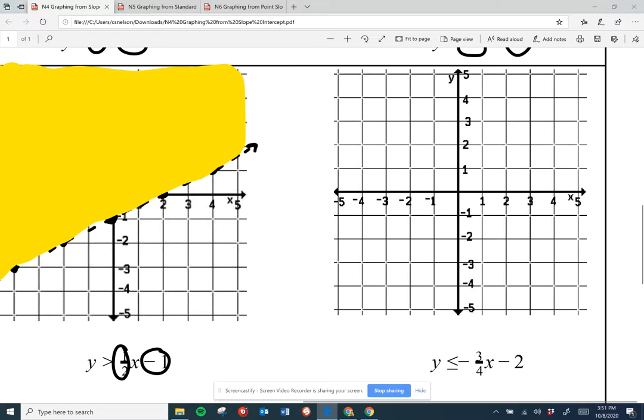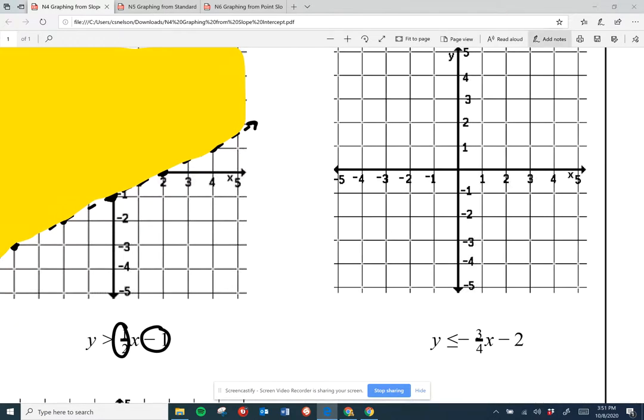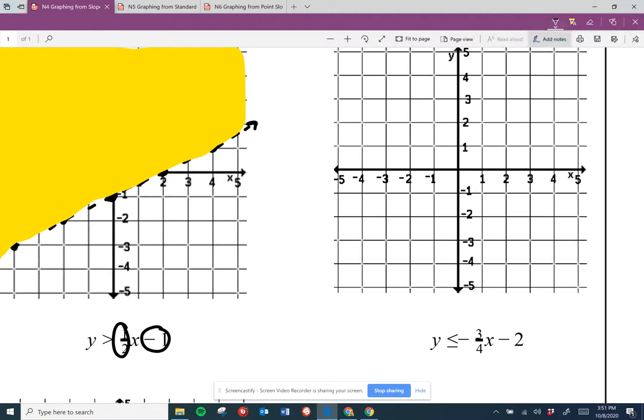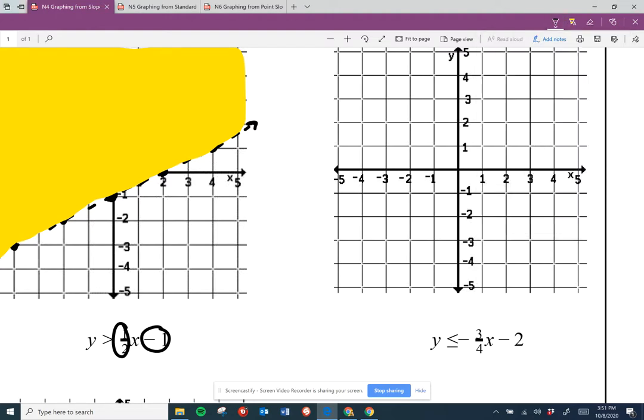Now let's look at the next one. Y is less than or equal to -3/4x - 2. Negative 3/4 is going to be my M, and my B is going to be -2, okay?